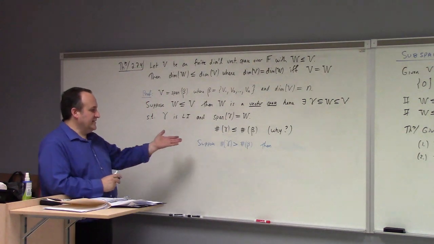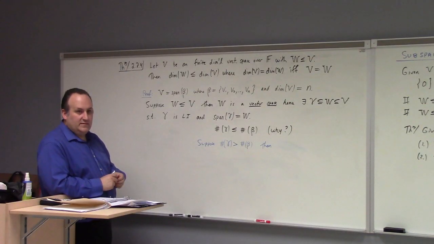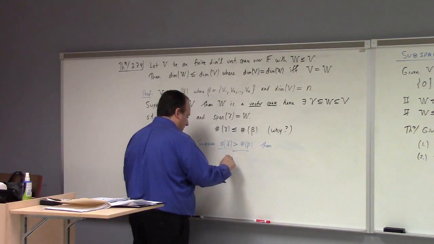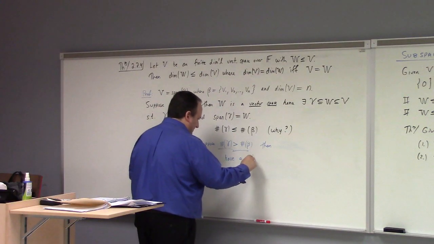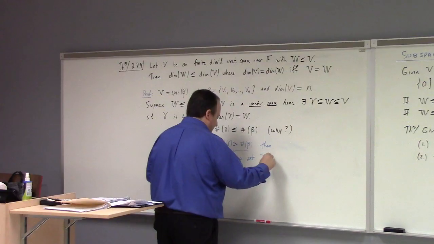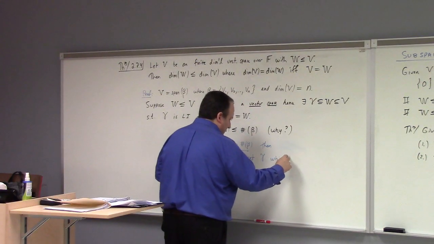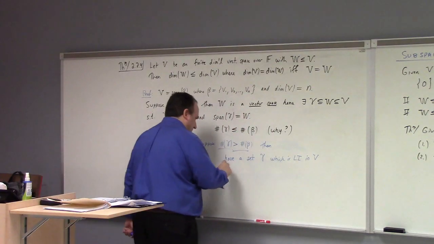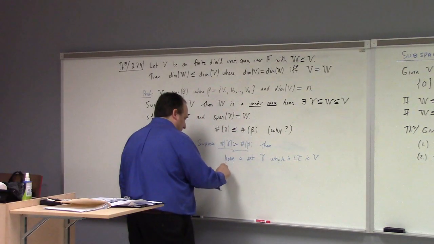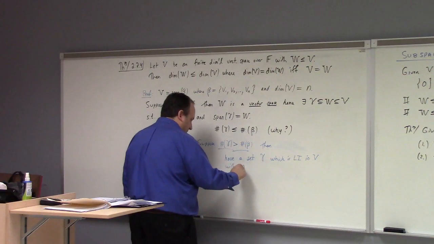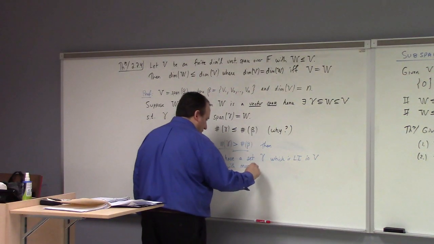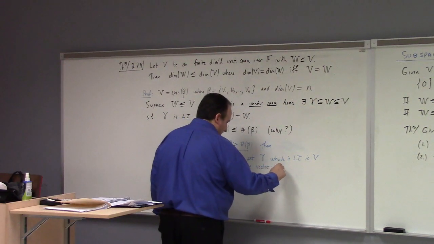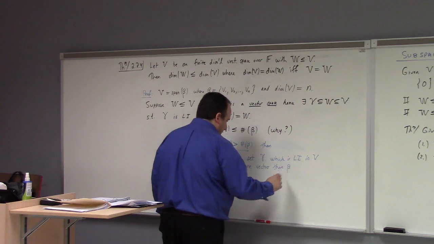Because if the number of things in gamma is greater than the number of things in beta, then what this means is I have a set gamma which is linearly independent in V with more vectors than the basis.